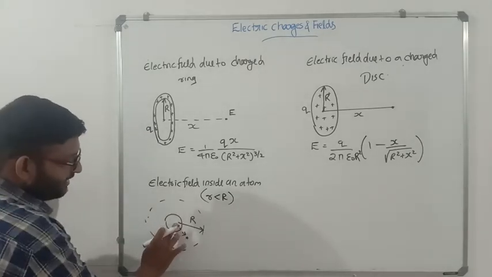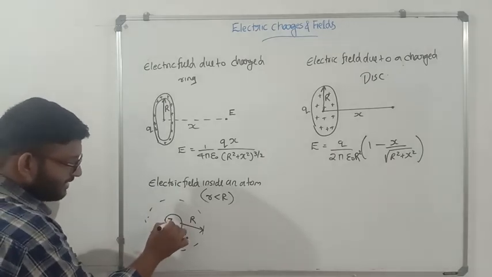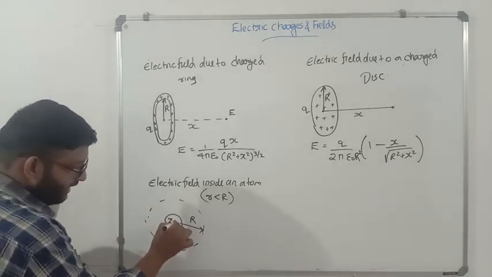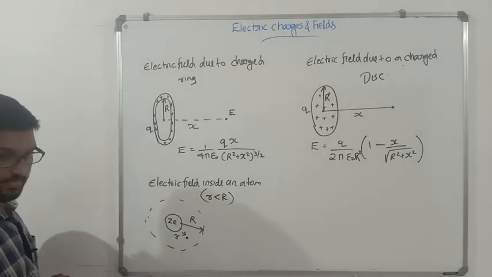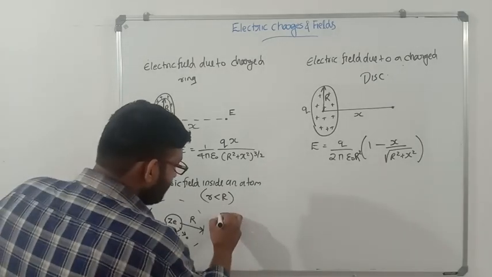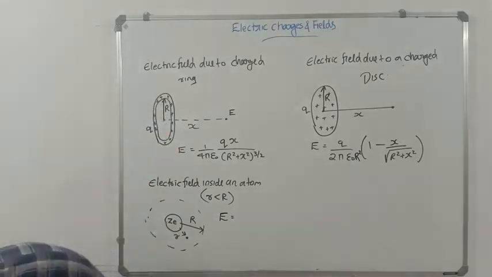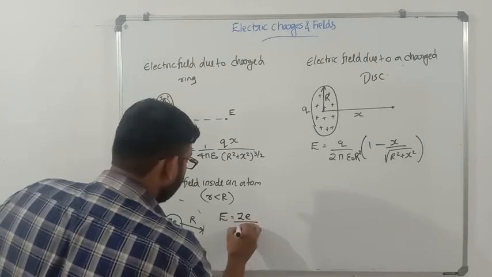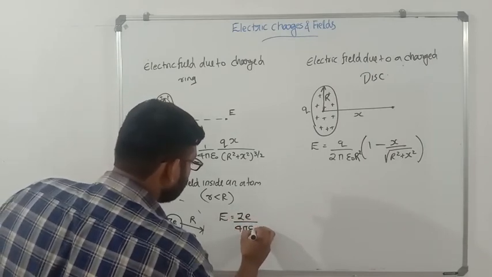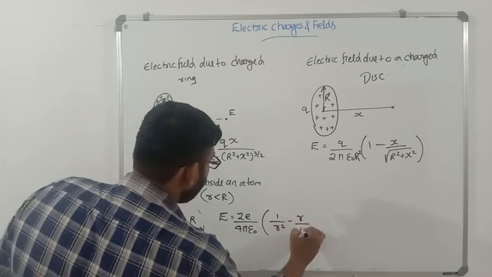Then what is the total charge present here? If you know the atomic number Z, and e is the charge of a proton, these give the charge of the nucleus. Then the electric field intensity is a very simple formula. Let me give you that. E is equal to Ze divided by 4 pi epsilon 0 into (1 by r square minus r by R cube).